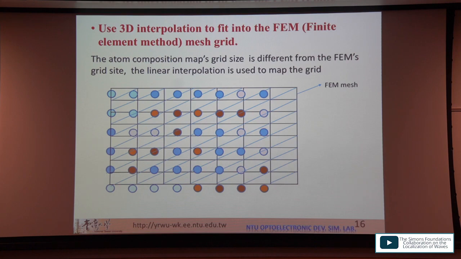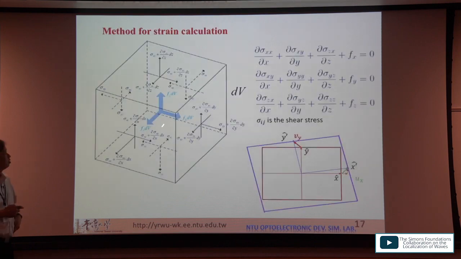Then the second step is that we need to calculate the strain. If we use the valence force field model for atomic size, we probably don't have a problem if we just choose a single indium nitride gallium nitride atom. But because the domain we want to calculate is quite large, we decided to use a finite element-based strain stress solver.